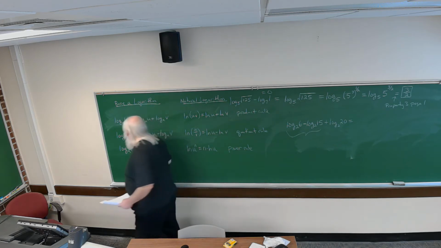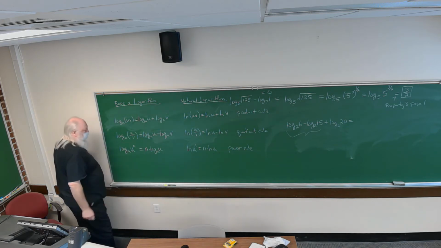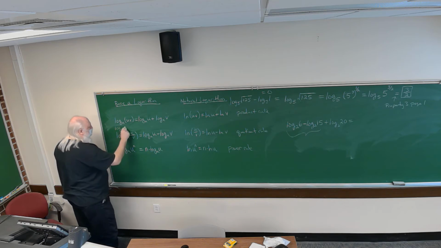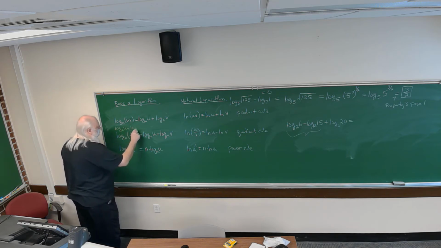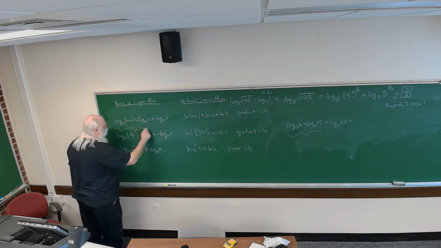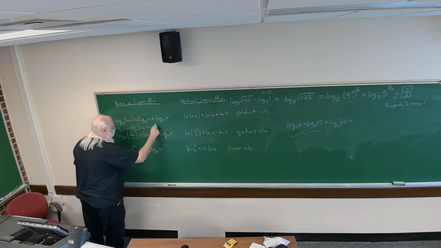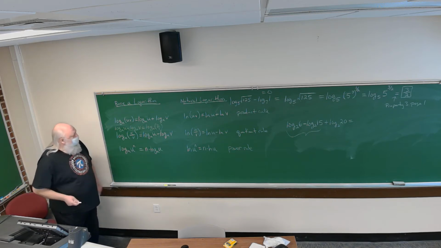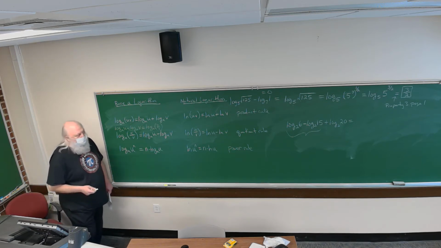The quotient rule: log base A of u minus log base A of b is equal to log base A of u over b. All I did was switch the left and right-hand sides.